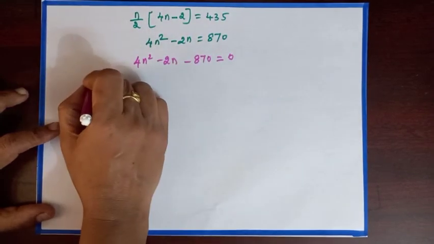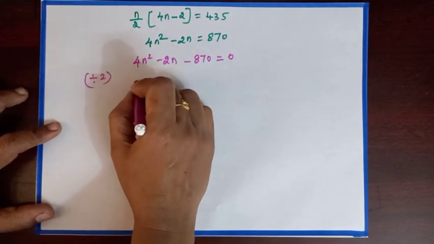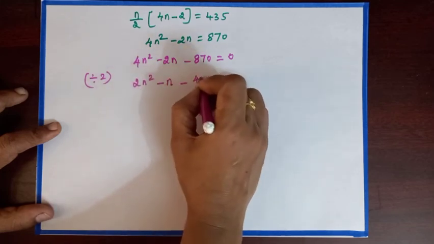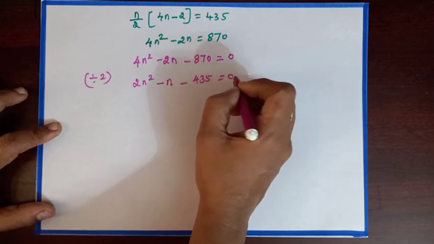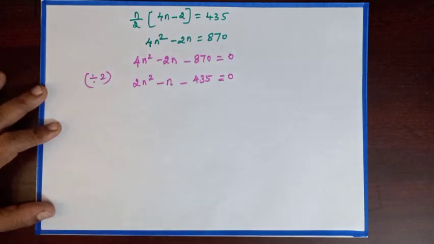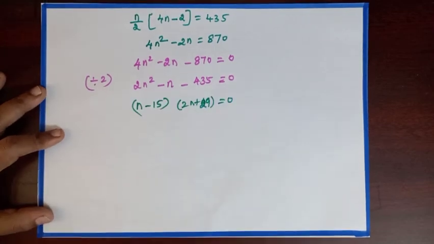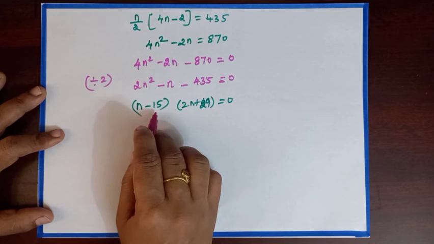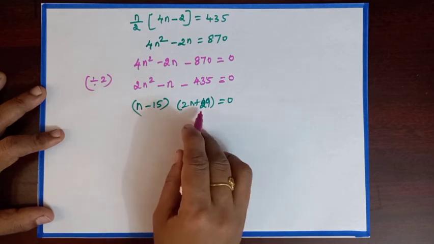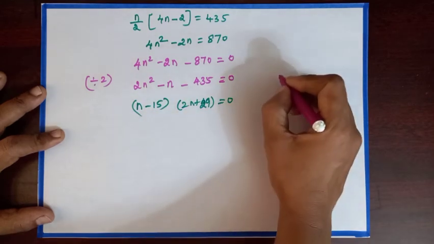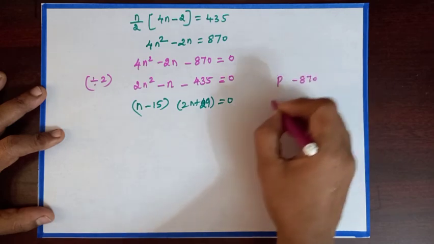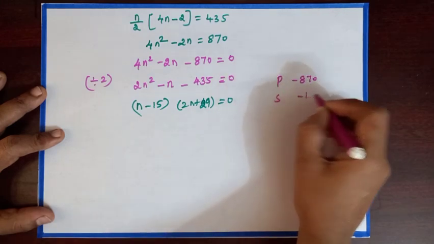Throughout this equation, I am going to divide by 2. Then we get 2n square minus n minus 435 equal to 0. It is in the form of a quadratic equation. We need to find the factors for this. The product is minus 870, the sum is minus 1.